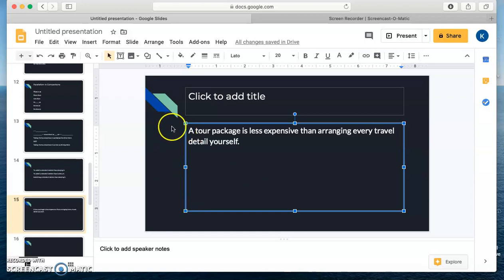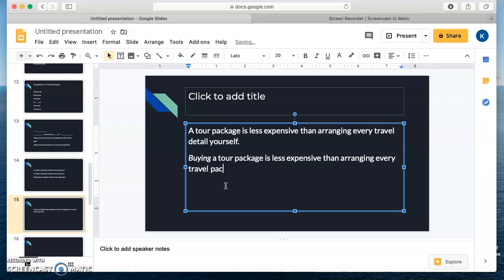We add something to the beginning of "tour package." Say, "buying a tour package is less expensive than arranging every travel detail yourself." Now, you might have used a different word than buying.